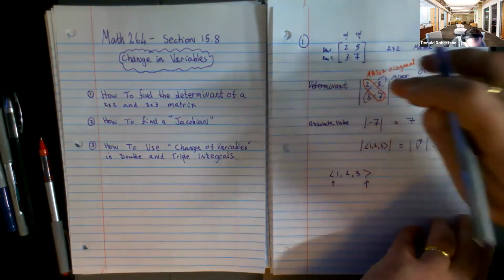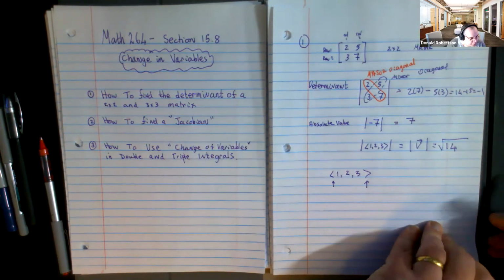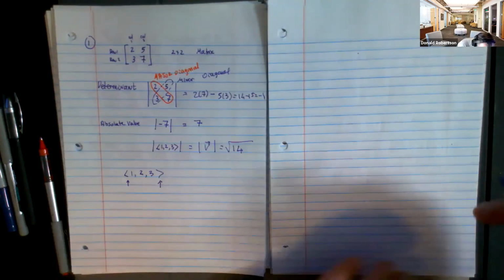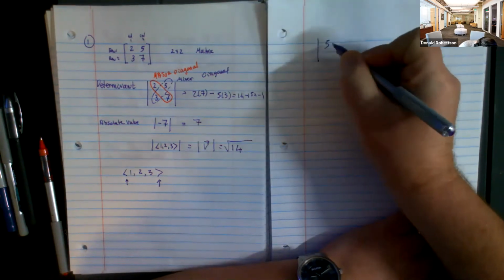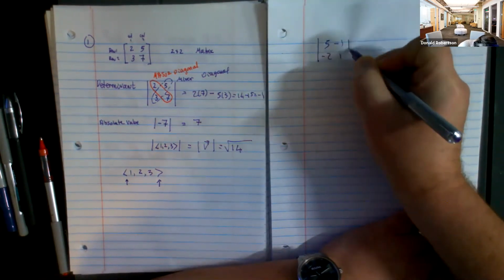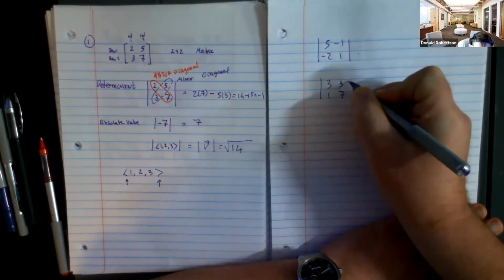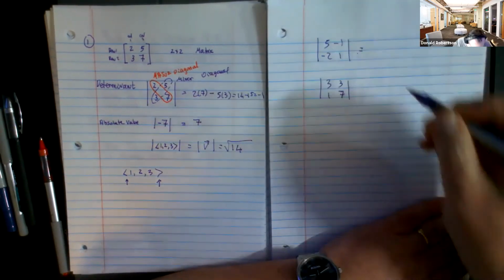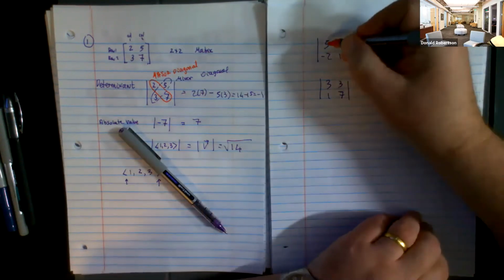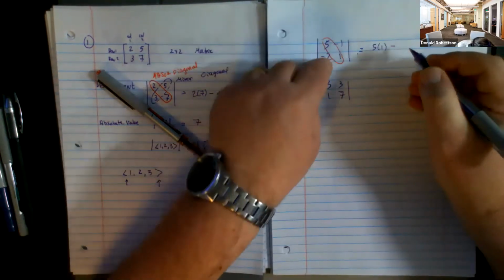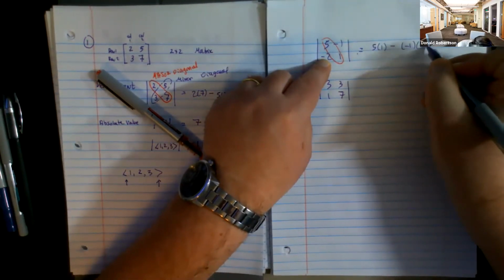So back to this guy. Are you okay about a 2 by 2? Do a couple more just for practice then. 5, -1, -2, 1. 3, 3, 1, 7. If you're going to do this one, it's major diagonal 5 times 1, take away minor diagonal.